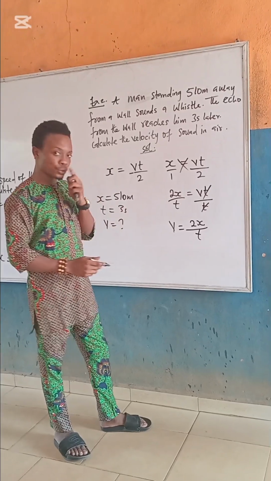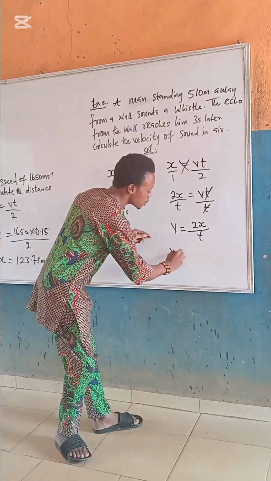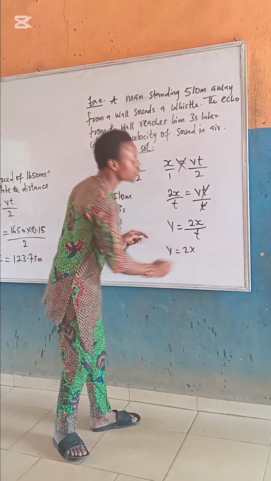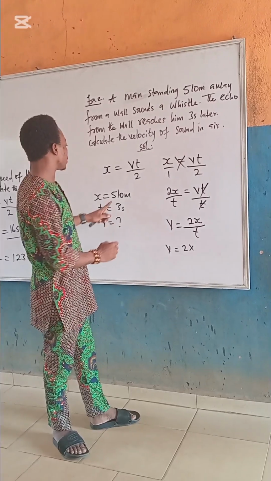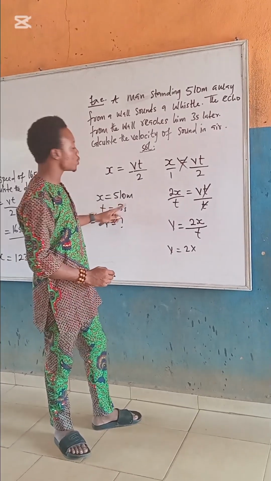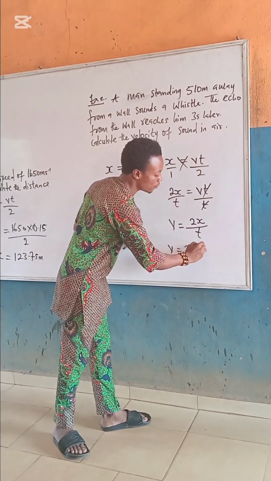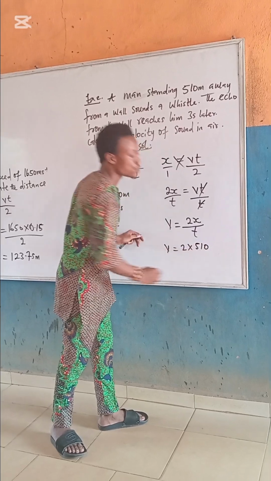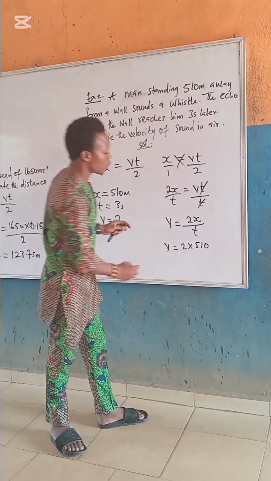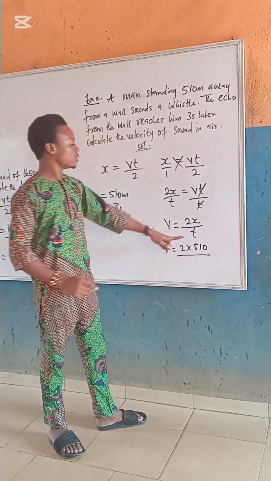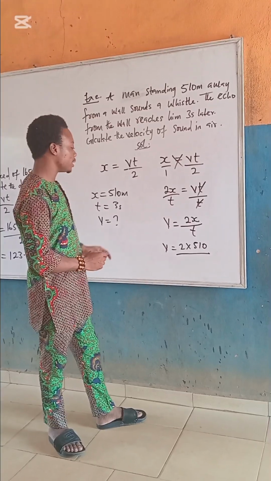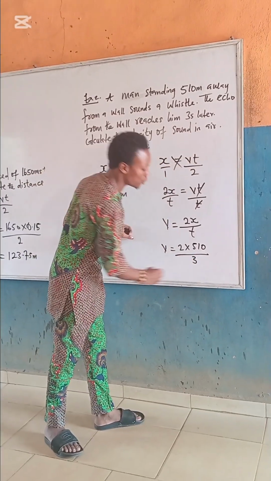From here, we substitute into it. V is equal to 2 times the distance, which is 510, all over the time, which is 3 seconds.